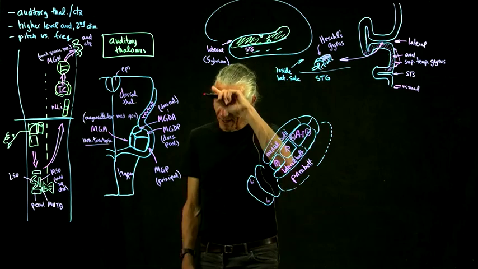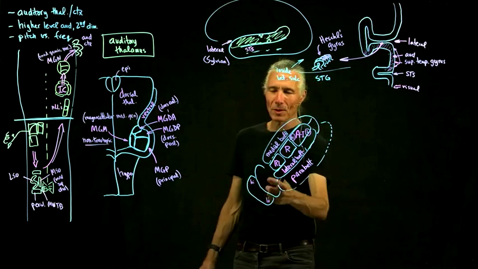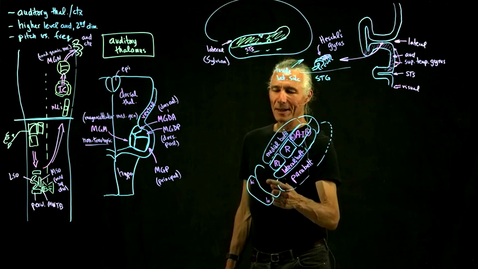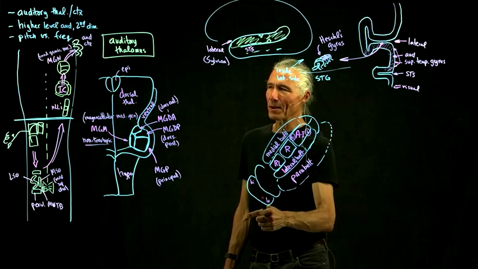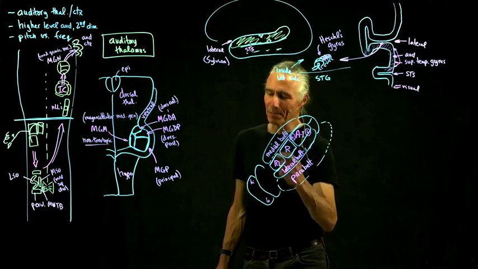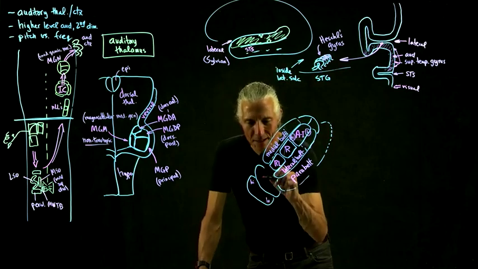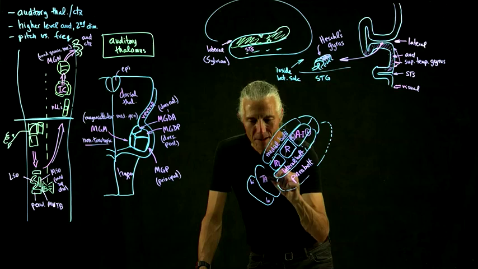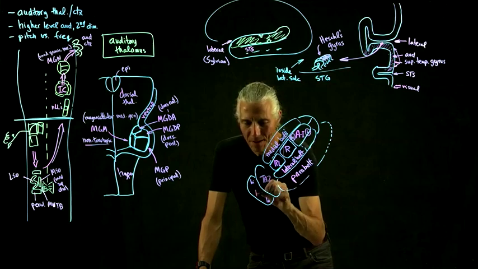These have disputed names. Some people call them TA1, 2, 3, and other people call them TS1, 2, 3 going the opposite direction. We'll just call it TA2, for temporal lobe area A, number 2, TA3.